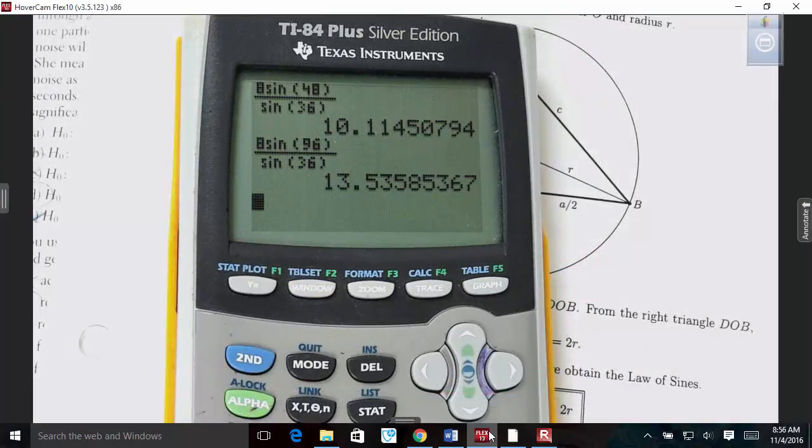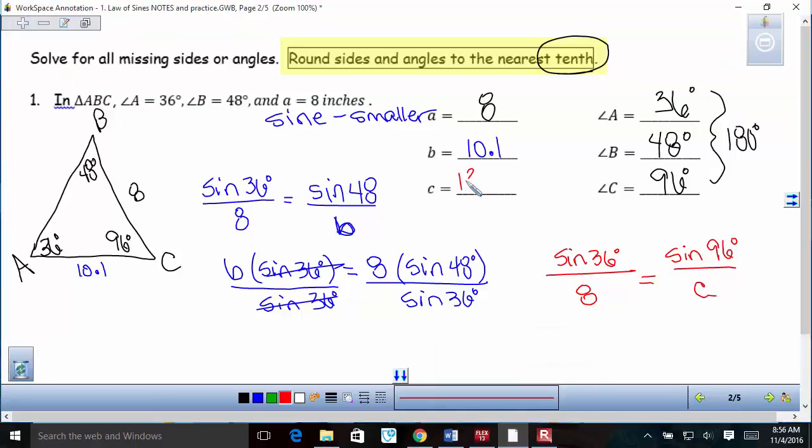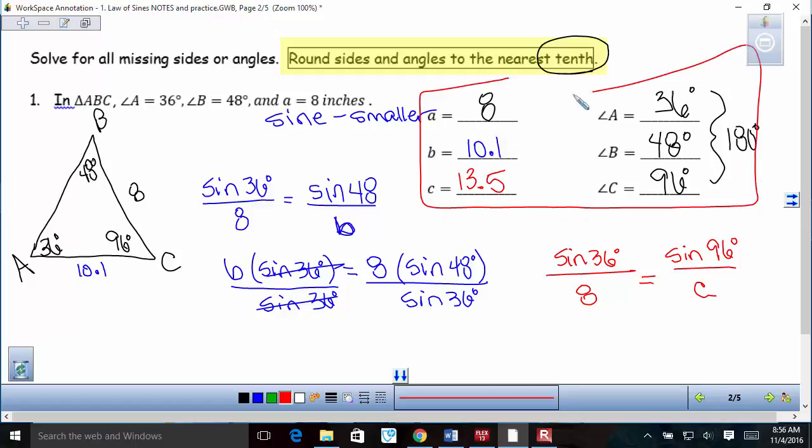Did y'all get 13.5? The problem will go a little faster the more you understand how to do it. The first few are not going to be a few minutes. 13.5 for C. And that took a little bit of time, but you got all three of the things that you needed. We did this last year. You did last year, yes.